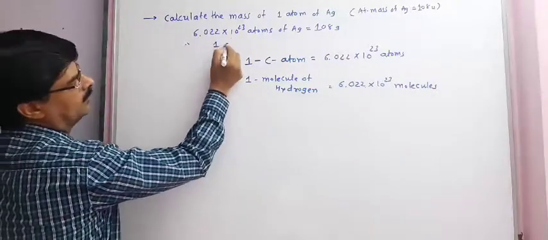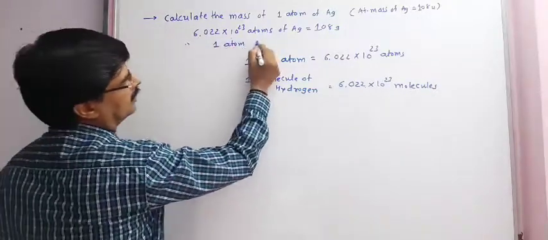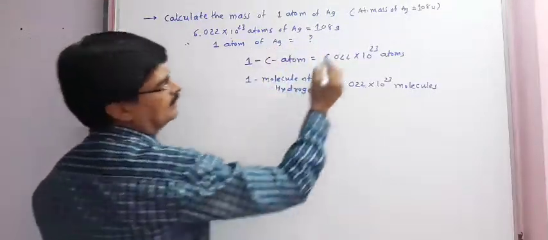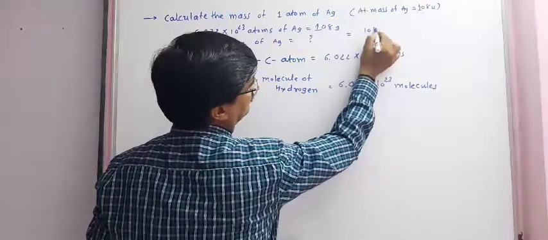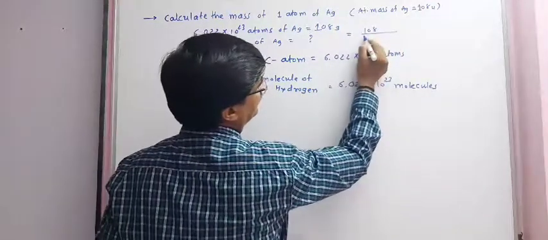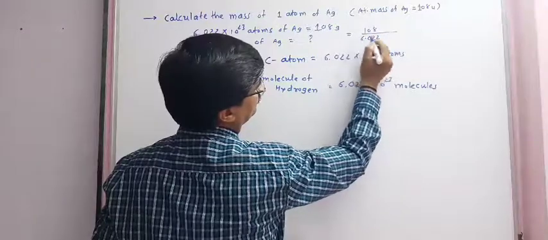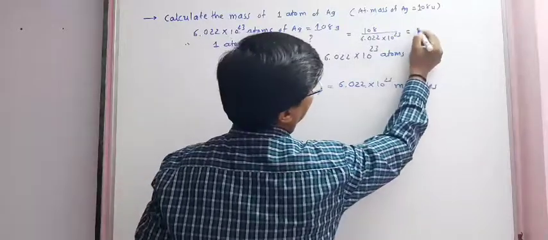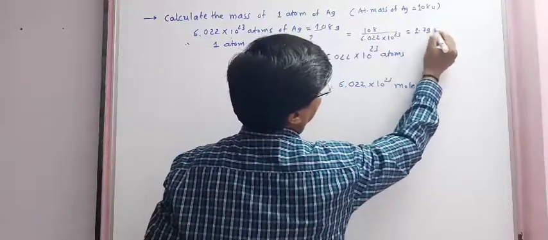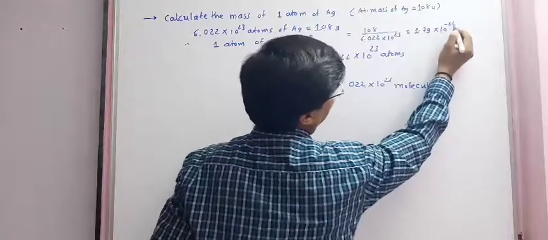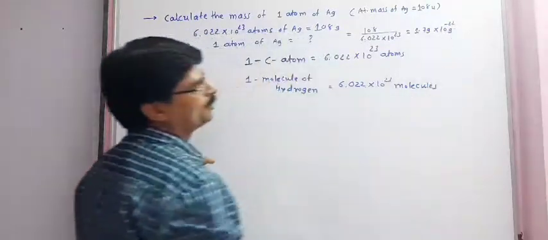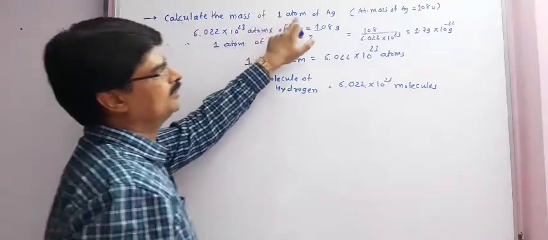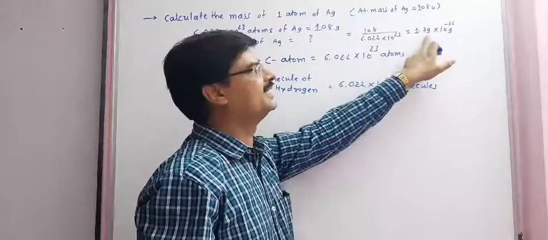Therefore, one atom of silver is equal to what? On solving this, 108 divided by 6.022 into 10 raised to 23, we get 1.79 into 10 raised to minus 22 gram. So from this calculation, we can say that the mass of one atom of silver is 1.79 into 10 raised to minus 22 gram.